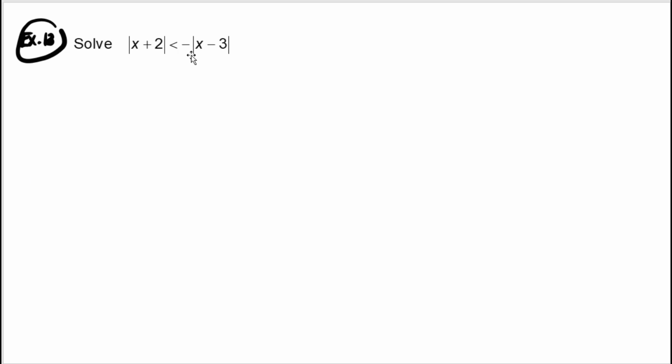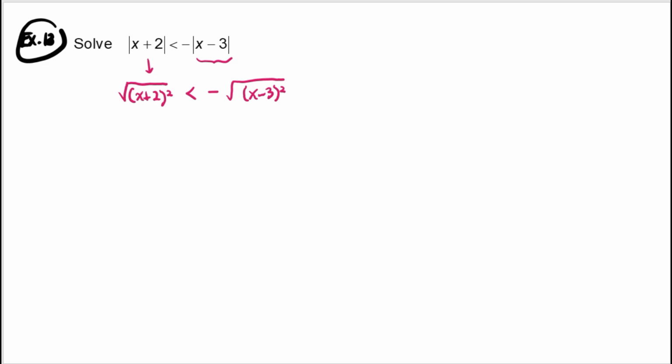Suppose we have this inequality with a modulus on both sides. So what we need to do is to change both moduli into the square root form. So we have the square root of (x plus 2) squared, which is less than negative the square root of (x minus 3) squared.